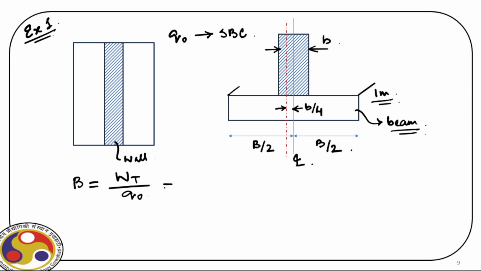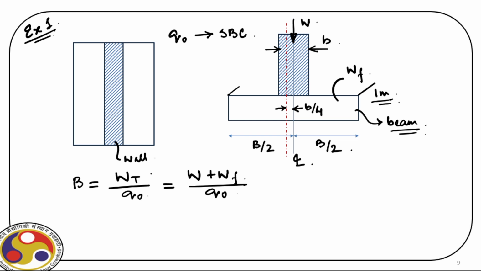Now what is this total load? This is the weight of the wall. That means the total weight, this is W, and the foundation also will have some weight, so W plus WF divided by Q0.